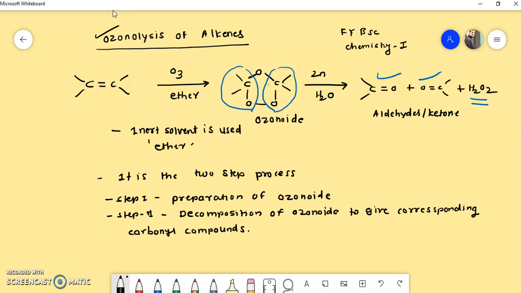So these are the two steps which are involved in ozonolysis.